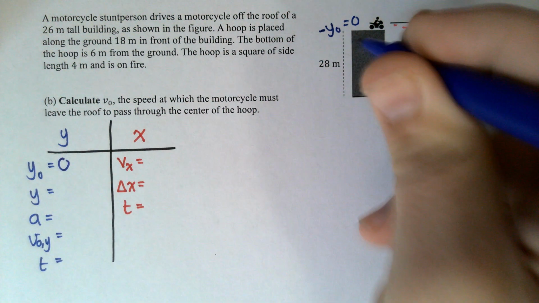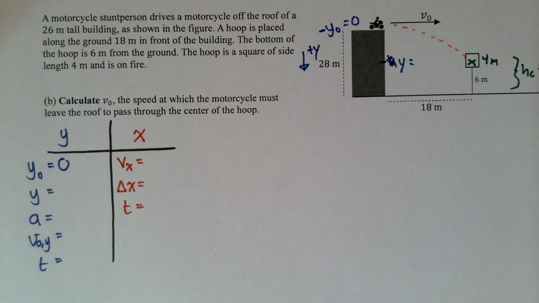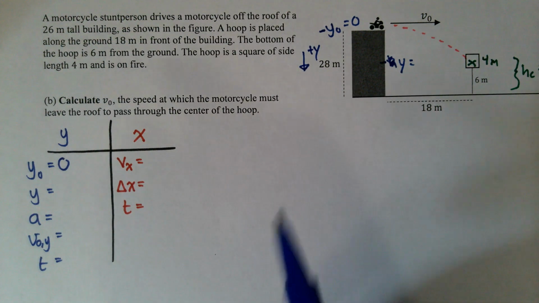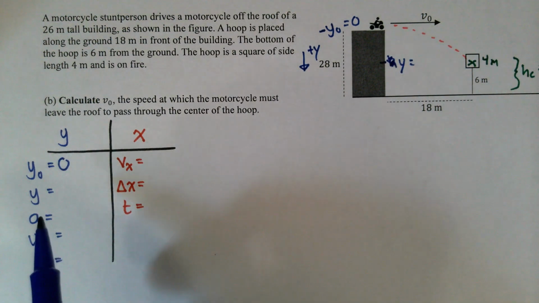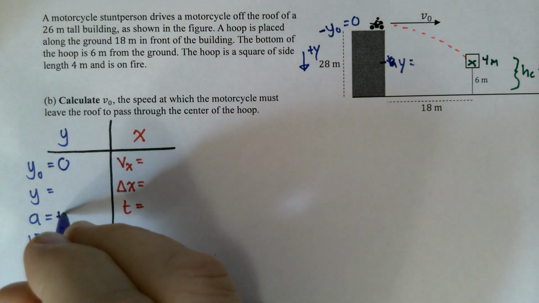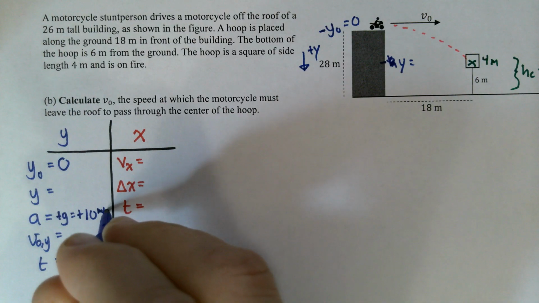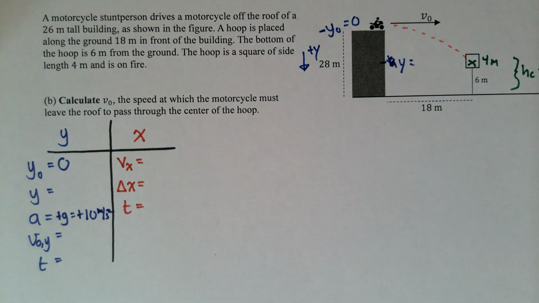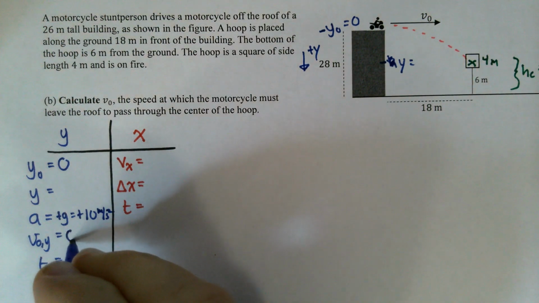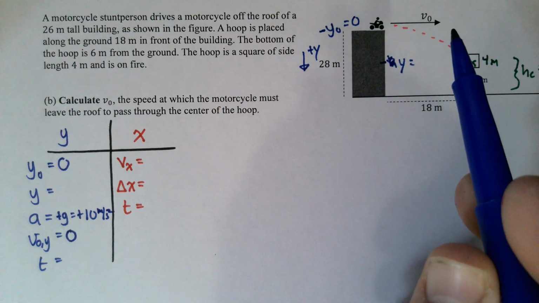That way, down is my positive y direction, and I don't have any negative signs. Since I'm going down, and down is positive, and my acceleration is down, I'm going to call that plus g, or plus 10 meters per second squared for my acceleration. And then my initial velocity vertically is 0 since this motorcycle is being launched horizontally.